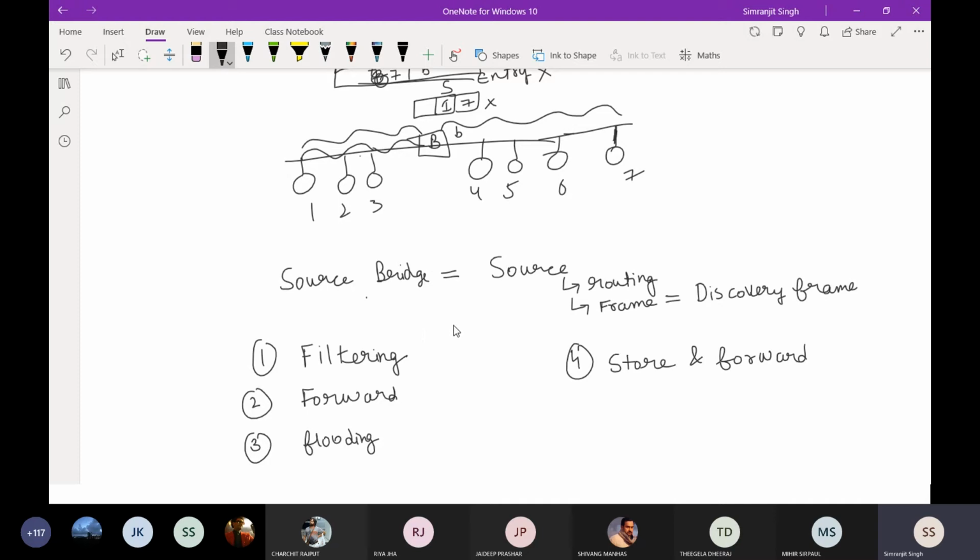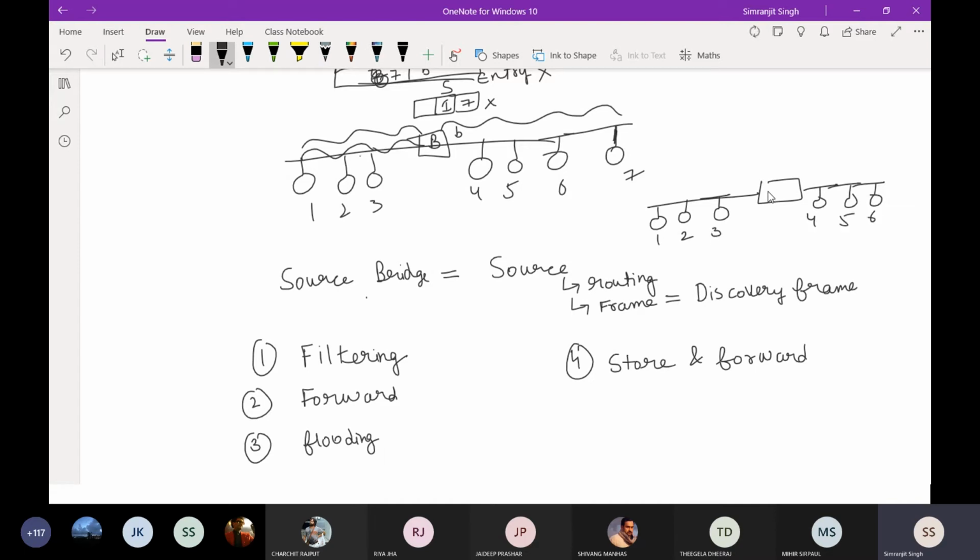Filtering is a very simple thing. Suppose you want to send a message from 1 to 3. Okay, so I'll take a diagram again. If I repeat the same example, 1 2 3 4 5 6.